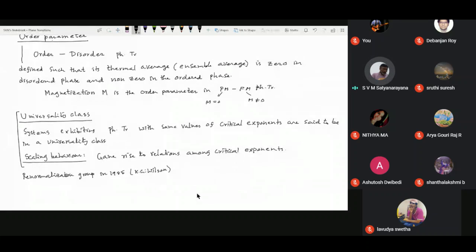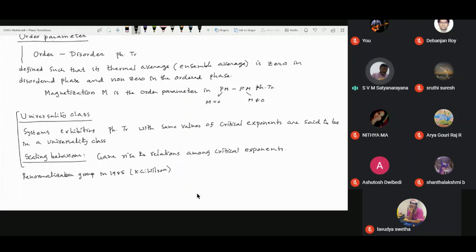This scaling will have an equilibrium point, which is called a fixed point, and that fixed point Hamiltonian, or fixed point physical system, is supposed to have a behavior, and that behavior is what gives rise to these critical exponents. So this is qualitatively how the renormalization group can be understood.